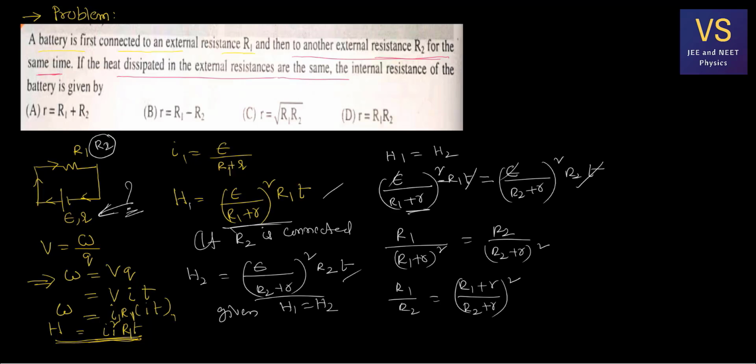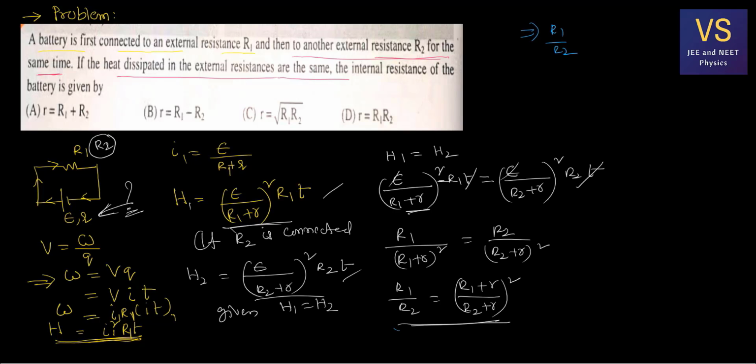Let's do the binomial expansion of this using the formula A plus B whole square equal to A square plus B square plus 2AB. So let's do that. From here we are continuing.